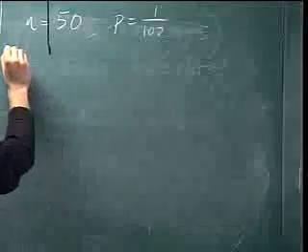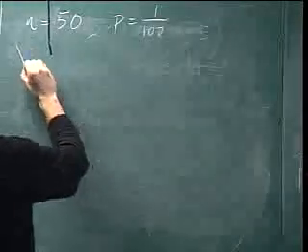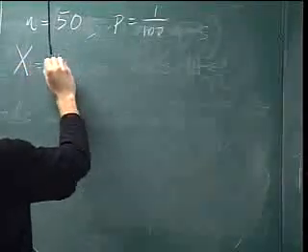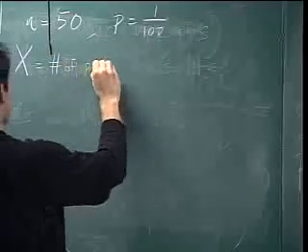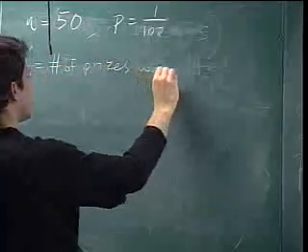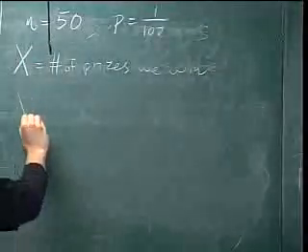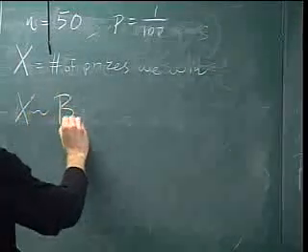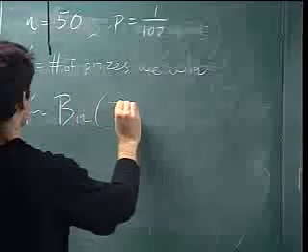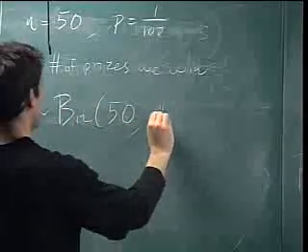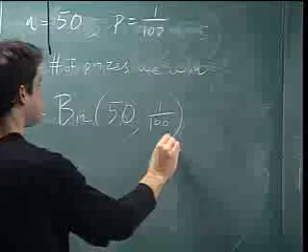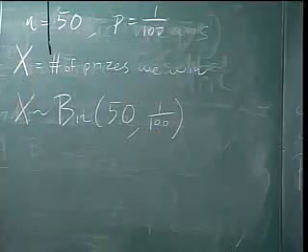So let's say x is the number of prizes we win in the 50 trials. So we know that x is just binomial 50, 1 over 100.